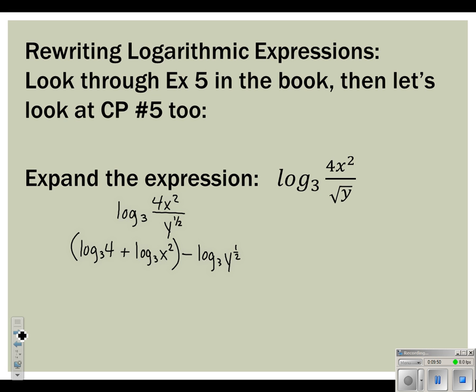We're going to get rid of them. So log base 3 of 4 is good. But then on this one, bring that power out front. 2 log base 3 of x. This subtraction part here, the denominator from the original one, has a 1/2 power. Bring that out front. And there's your expanded form.